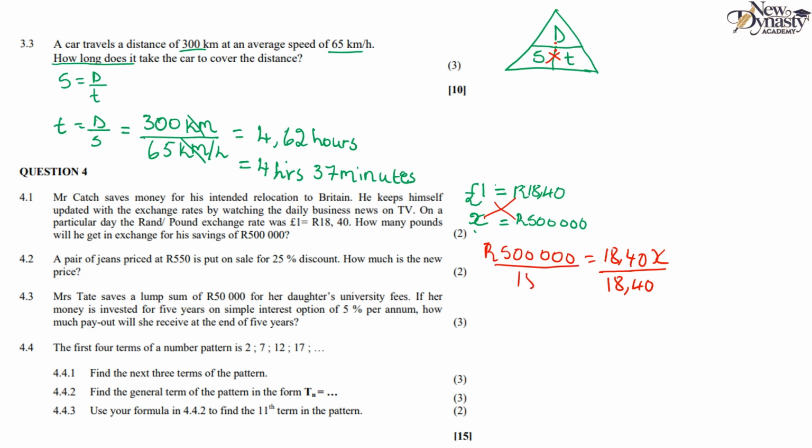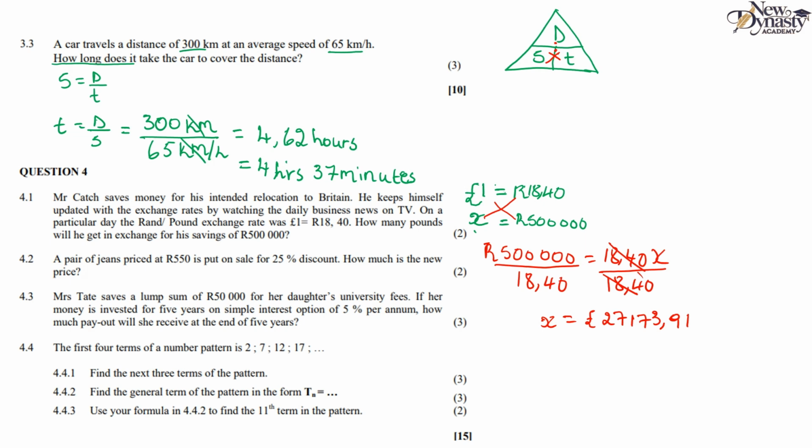So you do that on both sides. This is going to cancel, 18,40 and 18,40 cancel, therefore your x is going to equal, you can use a calculator there, then you're going to get the value of 27173, comma, we rounded off 91. So that's how you basically do it. Yes, it wasn't really that easy, but that's how you do that question.